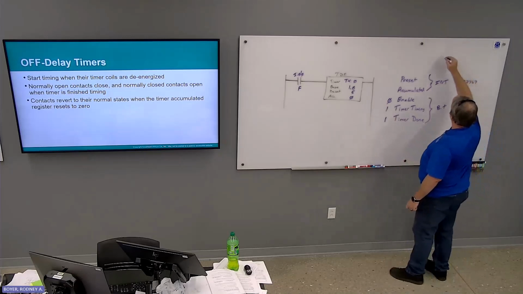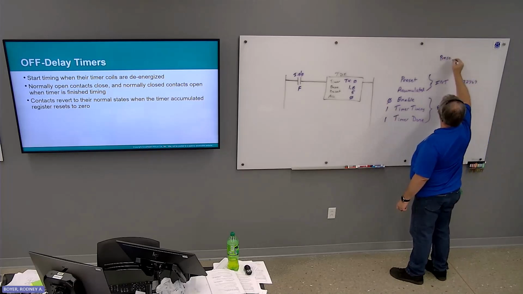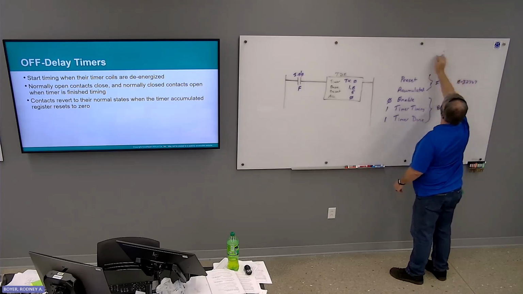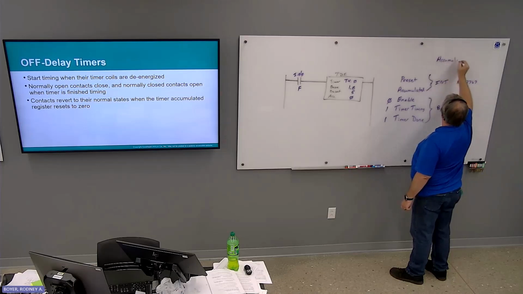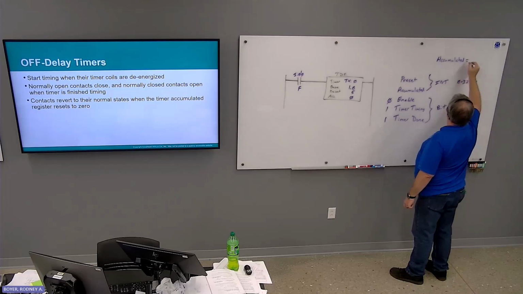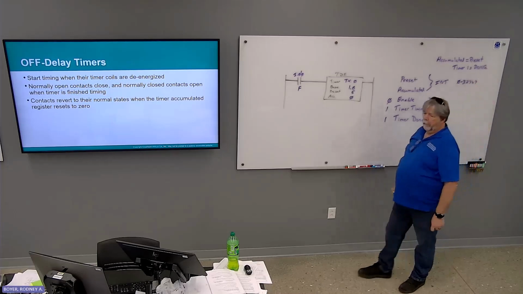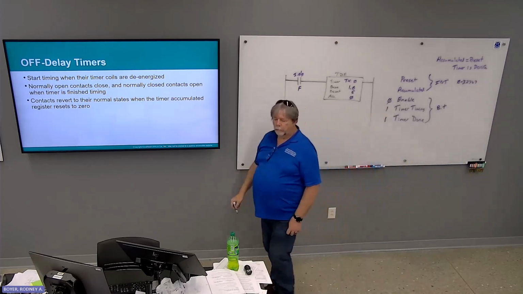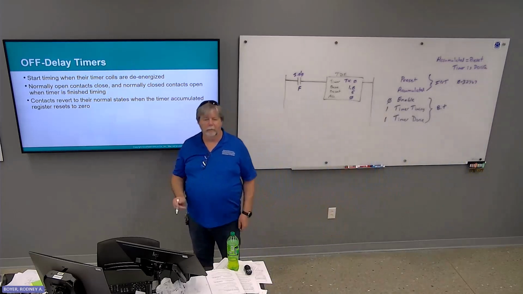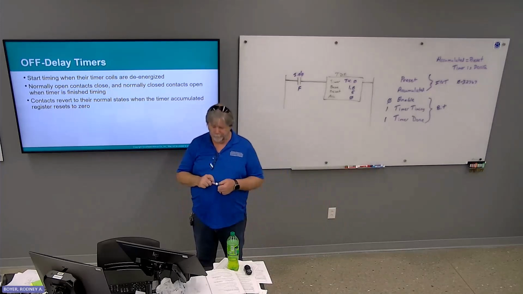So when that's backwards. Accumulated value is equal to preset, timer done.